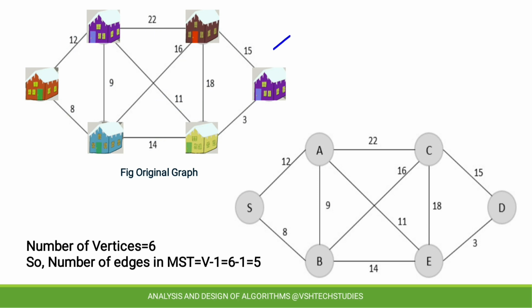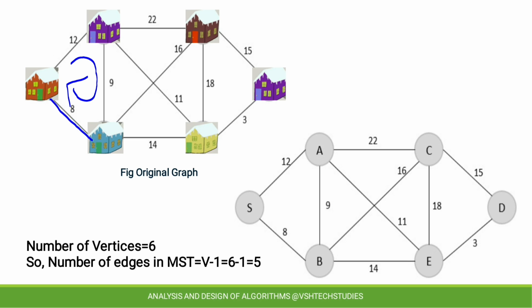Here the practical requirement is that all the houses need to be connected by roads in such a way that the total cost of constructing the roads is minimum. And one observation: if you consider these three houses, there is a road here, another road, but there cannot be this road because it forms a cycle. So here cycles are eliminated.